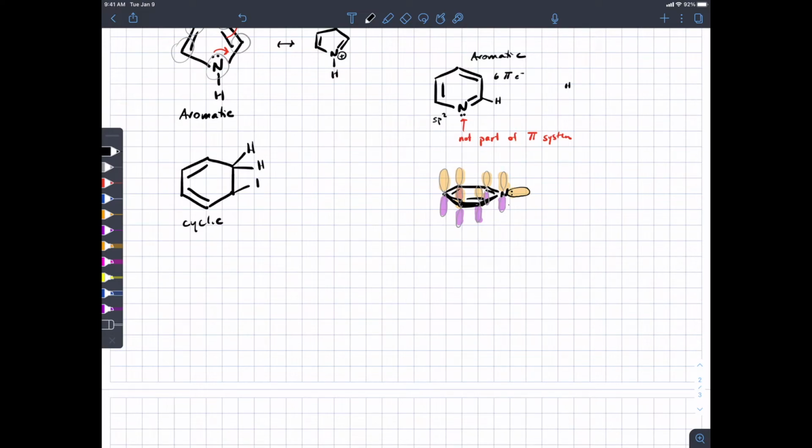You've got sp3 hybridized atoms there. So the geometry would not be planar, at least not here. And it's also not fully conjugated. Okay. And there are others we could think about.